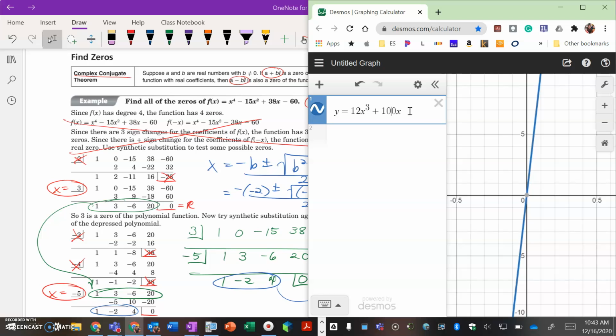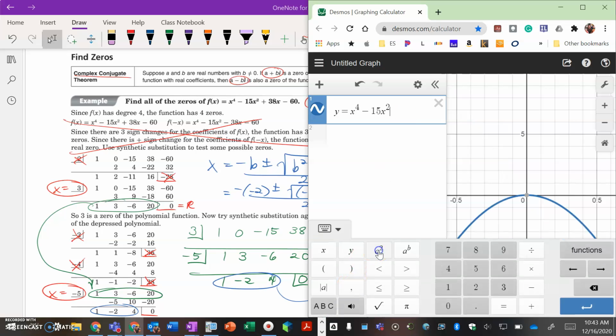So we've got x to the 4th, and we've got minus 15x squared, okay, and then we've got plus 38x, and minus 60.